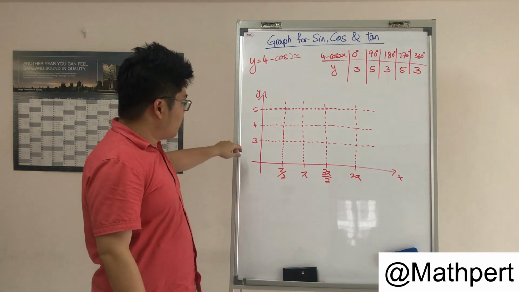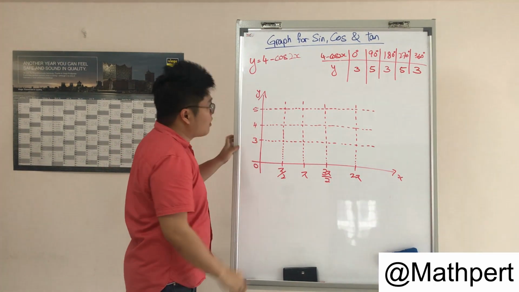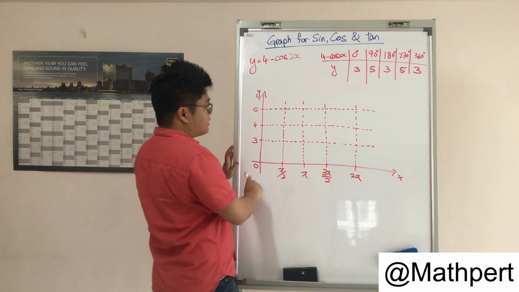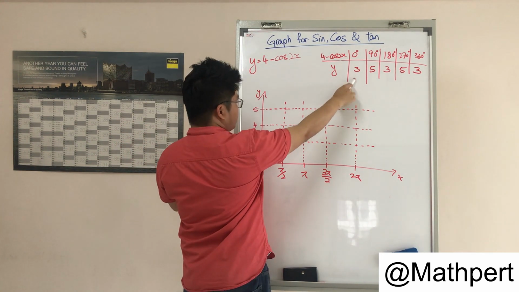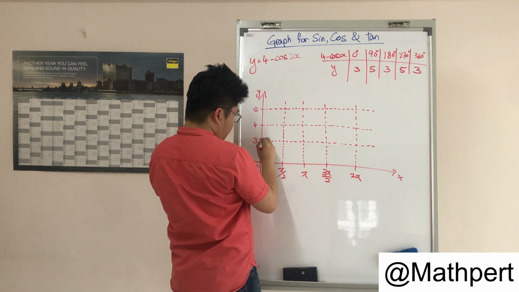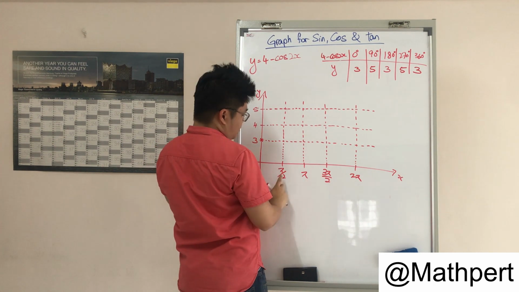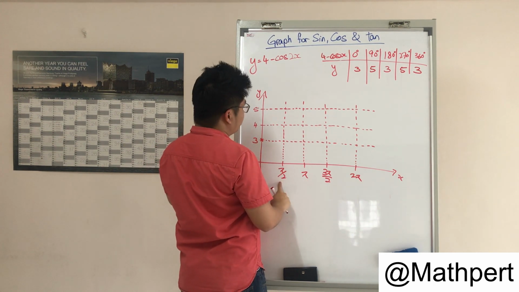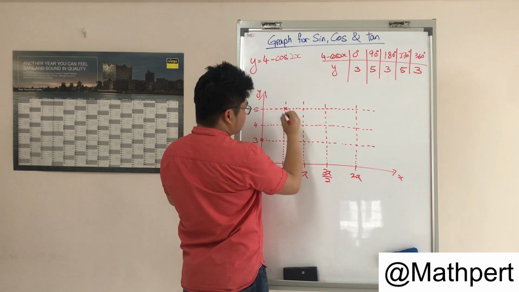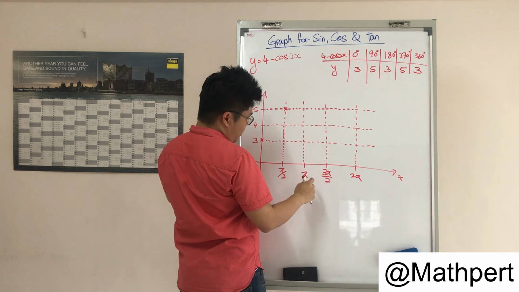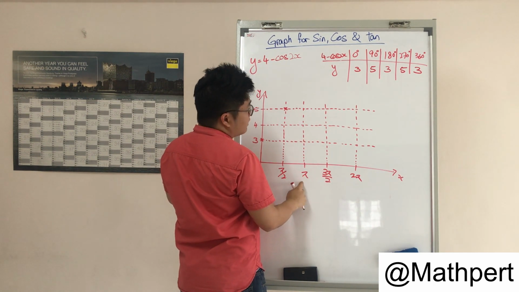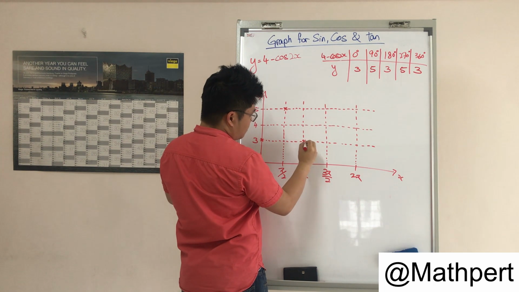Okay, when x equals to 0, y equals to 3. So this is the point. When x equals to 90, y equals to 5. When x equals to 180, this is here.